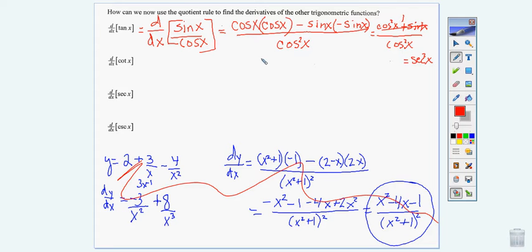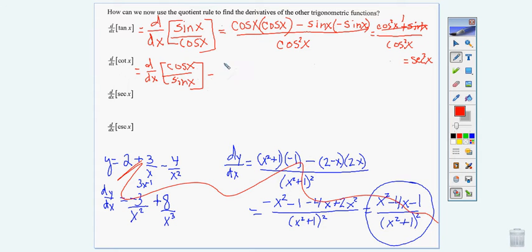All right, one more. Let's do cotangent, and then I'll let you discover the others. So the derivative with respect to x of cotangent would be cosine of x over sine of x. Very similar, this is a quotient.